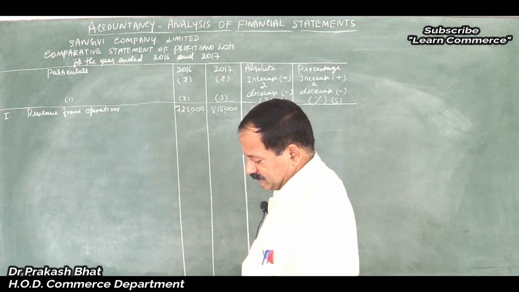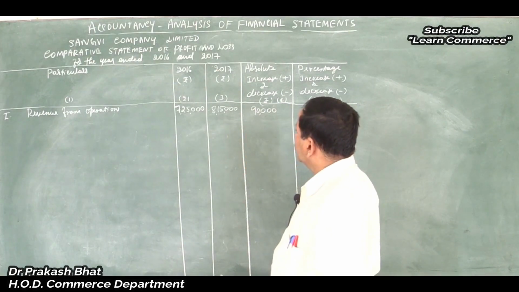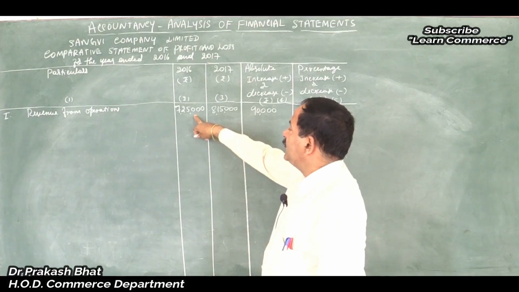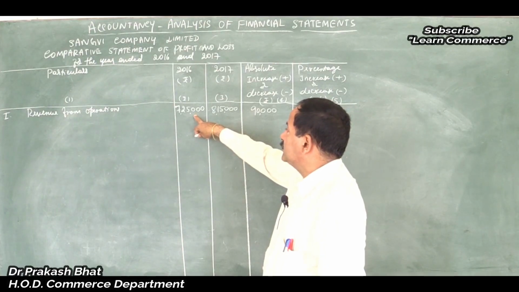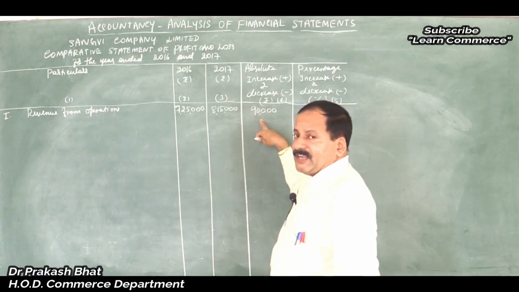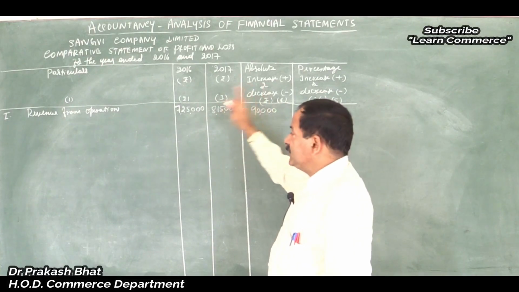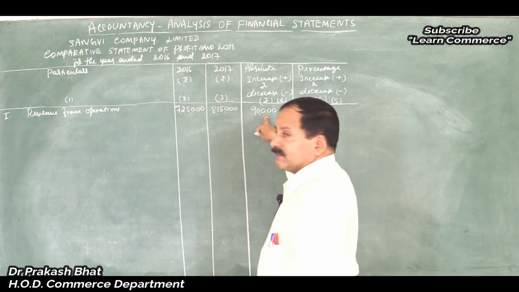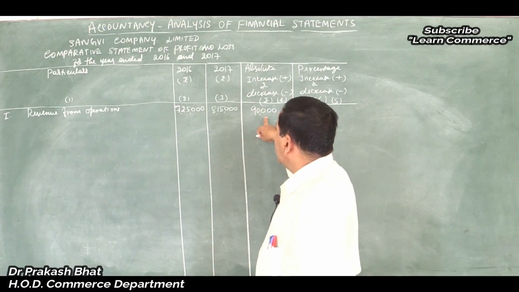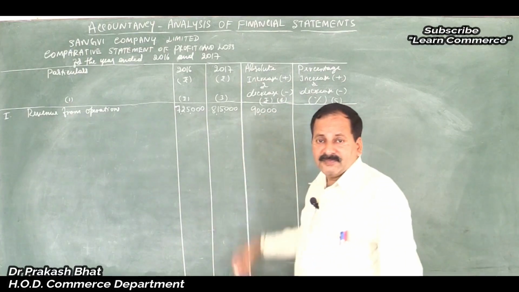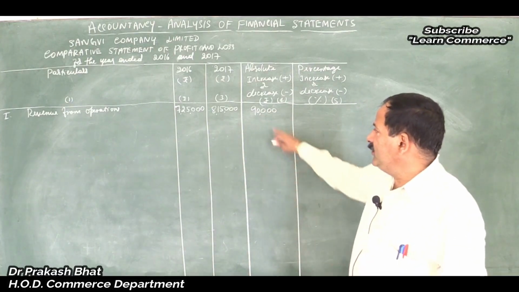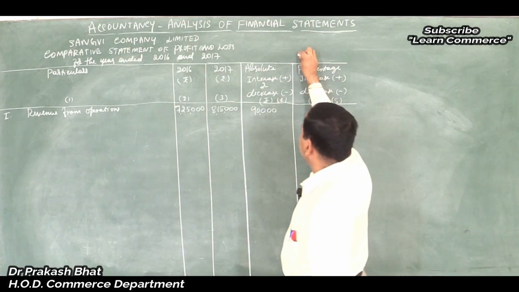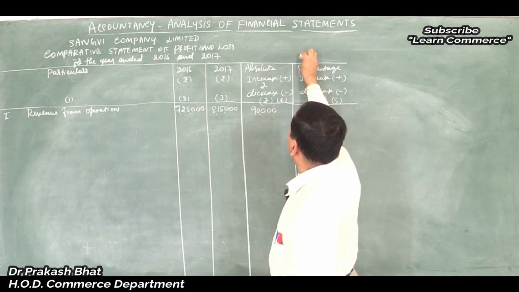You have to see 7,25,000. For 7,25,000, there is an increase of rupees 90,000. So for 100, how much? 90,000 into 100, I will write here. 90,000 is column number 4.